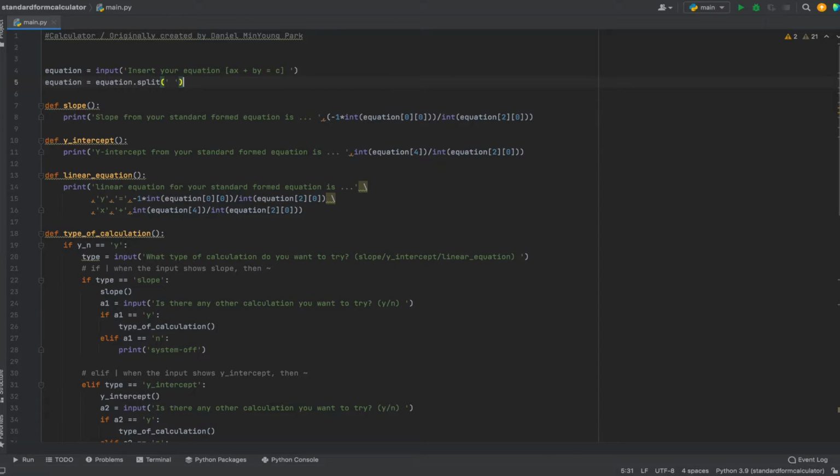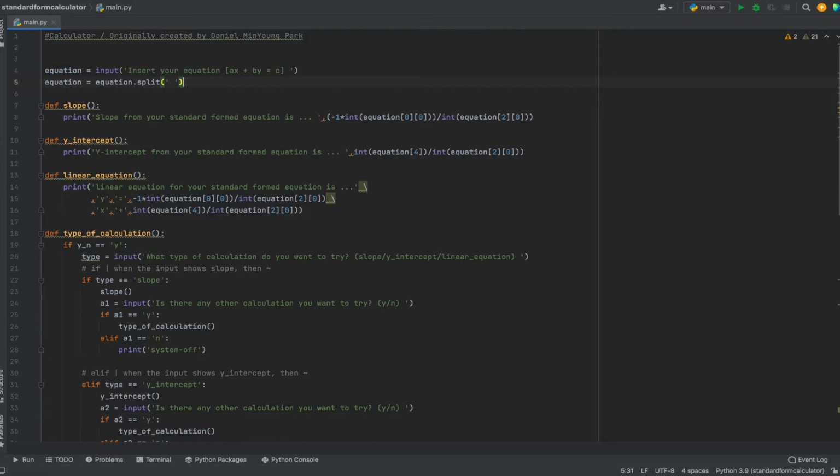So, as I did in the previous calculator, now I'm defining 3 main functions, which are slope, y-intercept, and linear equation. First, when I defined slope, I printed that slope from your standard form equation is, and then had a simple math calculation here.